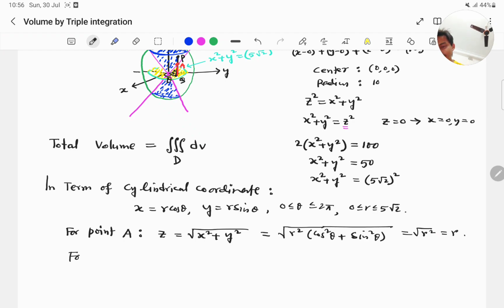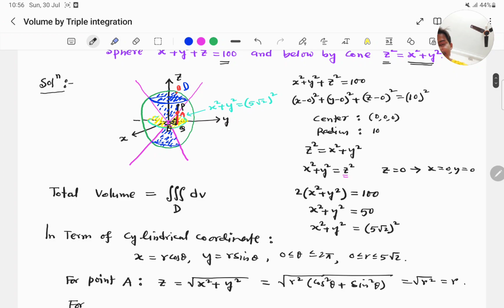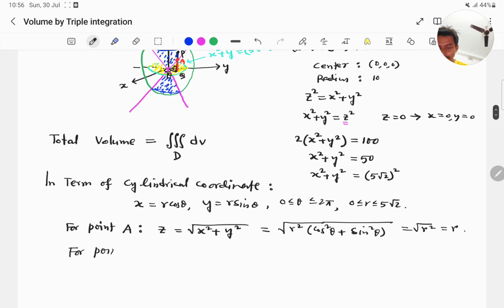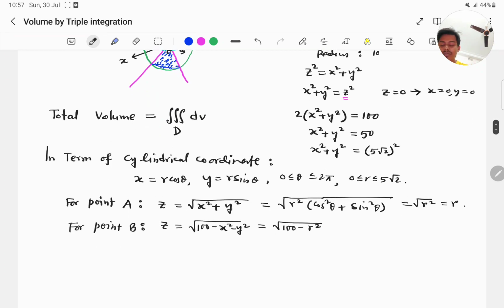Now for the point B, what should we get? B is on the sphere, so for point B we get z equal to square root of 100 minus x square minus y square. As we have seen, x square plus y square is r square, so it will be 100 minus r square. So this will give you the lower value for z, and this will give you the upper value for z.